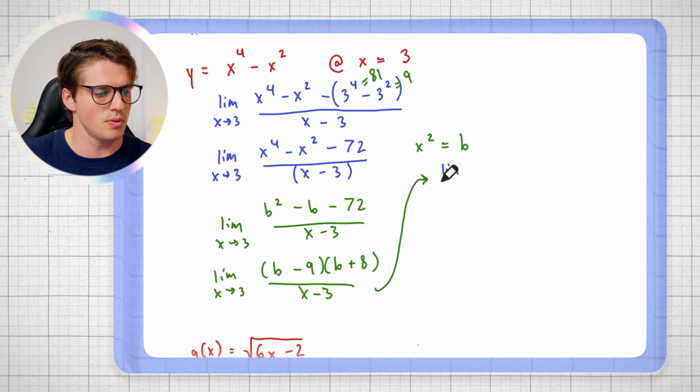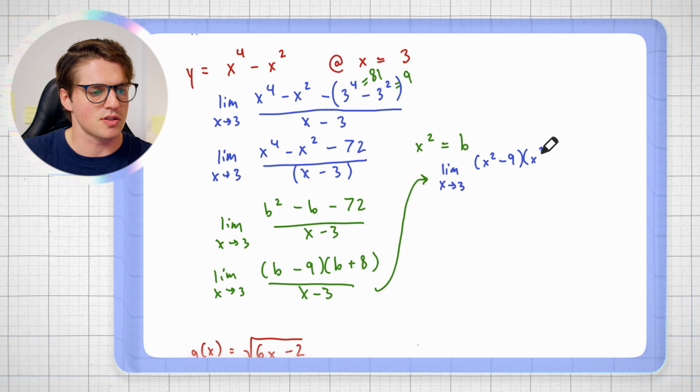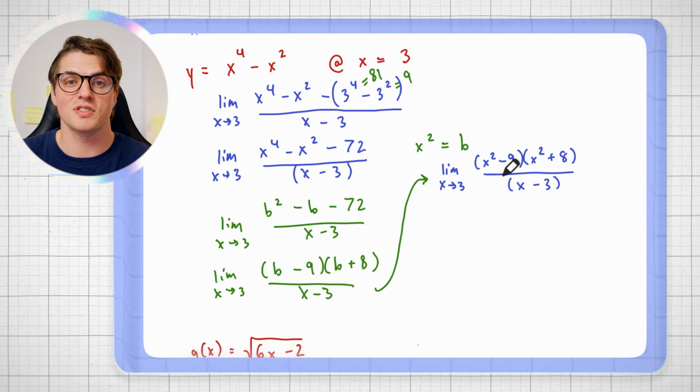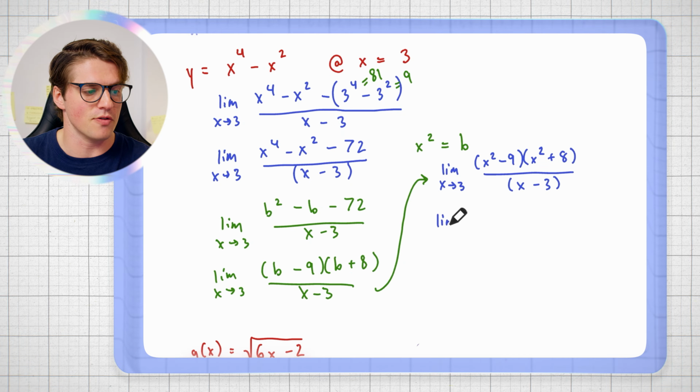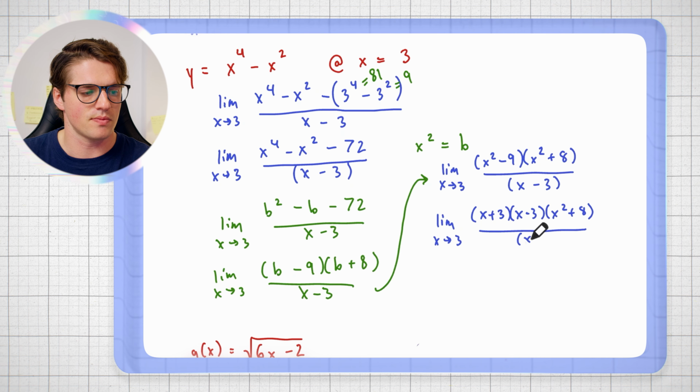The limit as x goes to 3 of (x squared minus 9)(x squared plus 8), all over x minus 3. Now we can keep factoring in the numerator because we still can't cancel. For x squared minus 9, we can use the difference of squares, so this becomes (x plus 3)(x minus 3). x squared plus 8 we can just leave alone, over x minus 3.